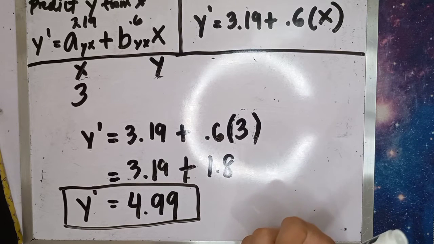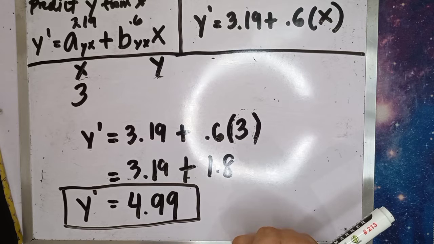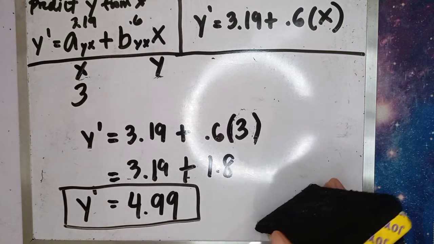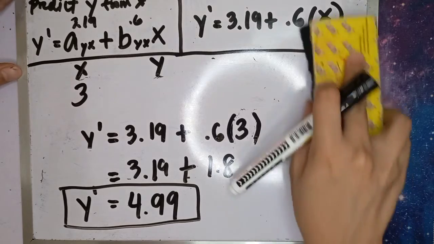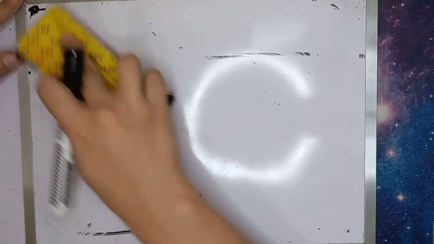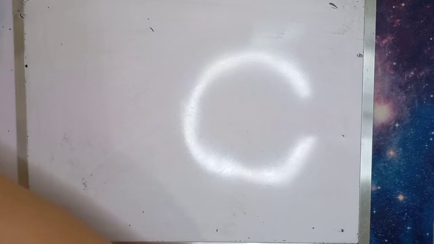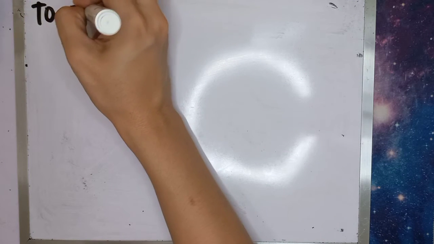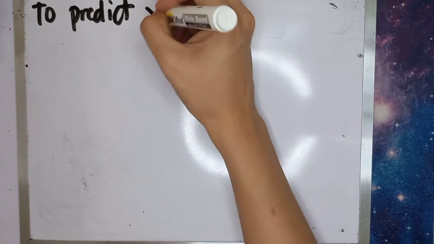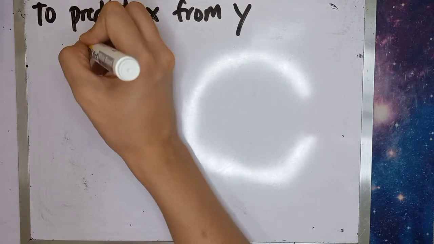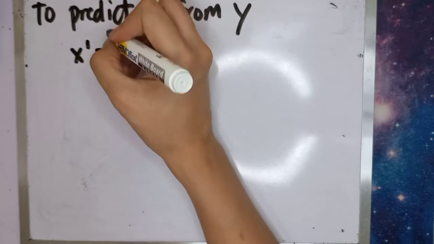Now, let's move forward to the prediction of X from Y. Alamin naman natin yung creativity kung halimbawa given yung score ng motivation. Balikan natin yung formulang gagamitin natin sa ating pag-predict.